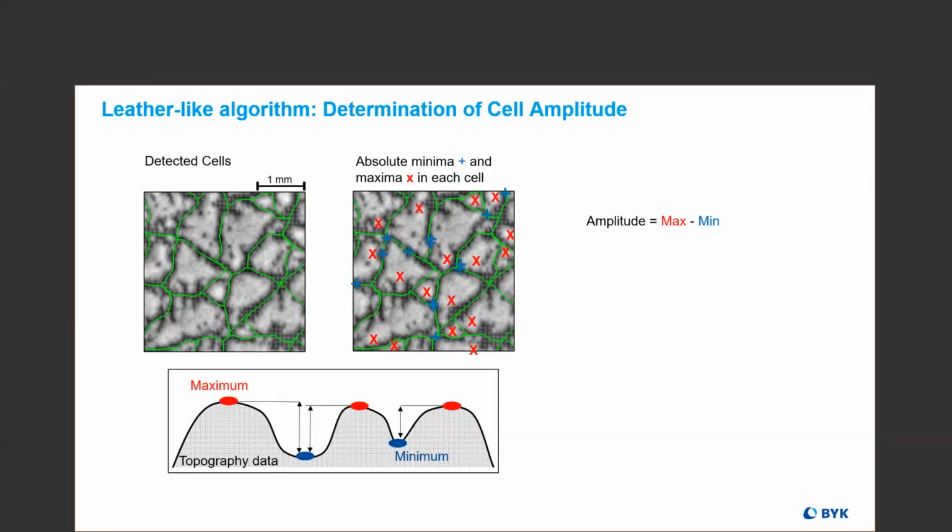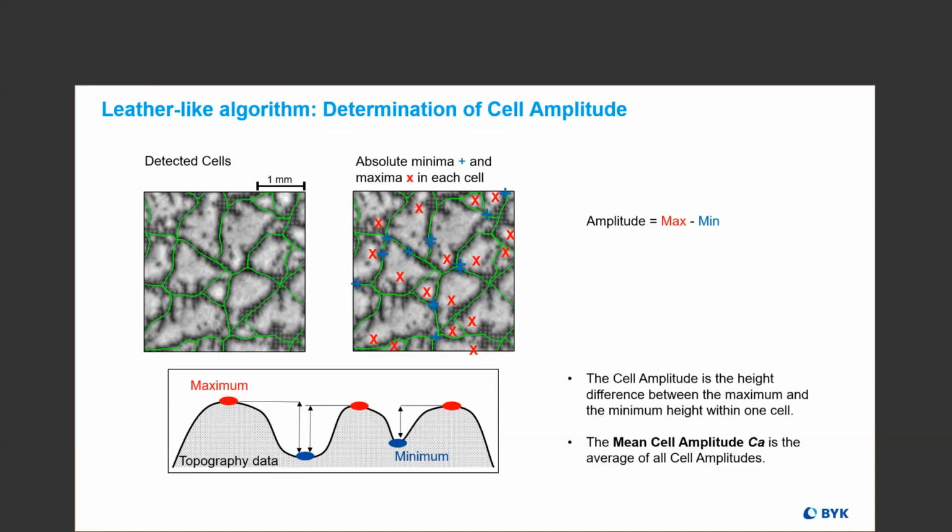And we take that and subtract the minimum height of the valley surrounding the cell, the low point, indicated by the blue plus signs. So it's essentially the height difference between the highest local point and the lowest local point. And you can see what I mean from this drawing here at the bottom. And so the mean cell amplitude, CA, is of course the average amplitude of all the cells within the image.